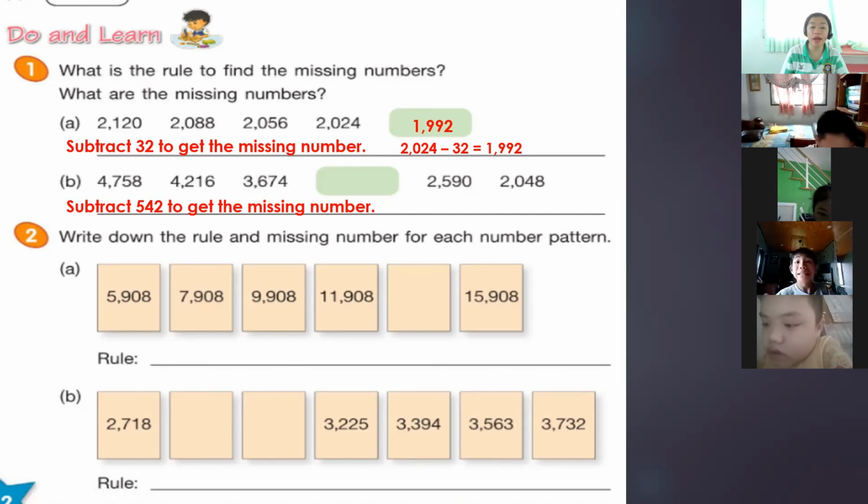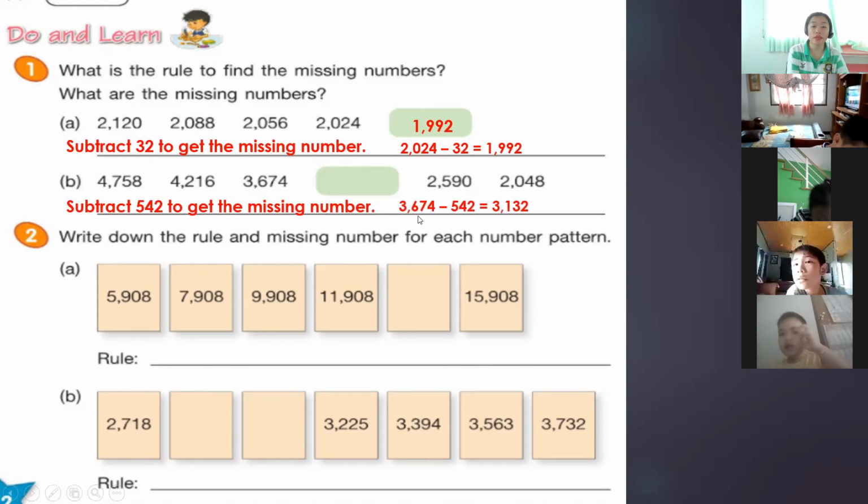So we're going to minus 542 from 3,674. So we have 3,674 minus 542 is equal to 3,132. Okay, so 3,132 is the missing number in letter B.